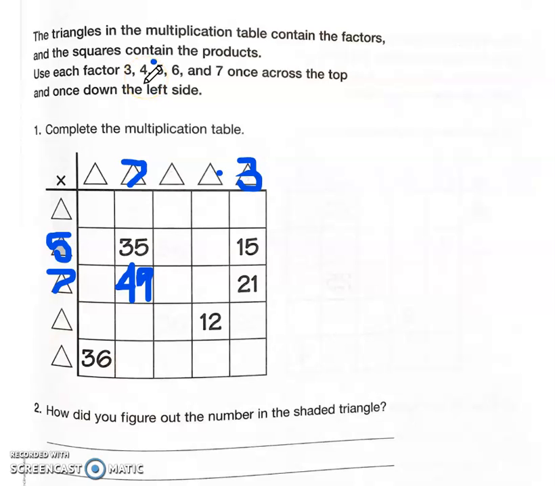I can't do 3 times 12. I can't even do 9 times 4, because 9 doesn't exist in my available factors. So what's the only other way to make 36? It's got to be 6 times 6.